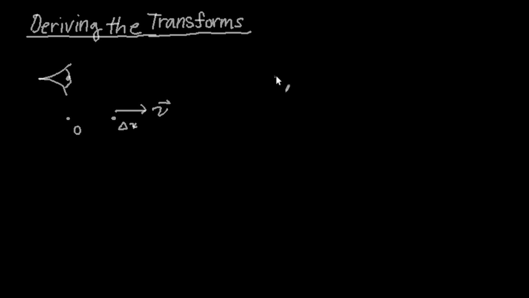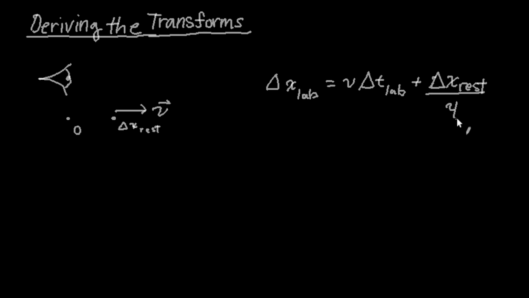So in the lab frame, we would get the position delta x sub lab equals v delta t lab plus the original displacement. But since we're moving at a velocity, any distance in the rest frame will have to be contracted by that factor gamma when we're transforming back into the lab frame.